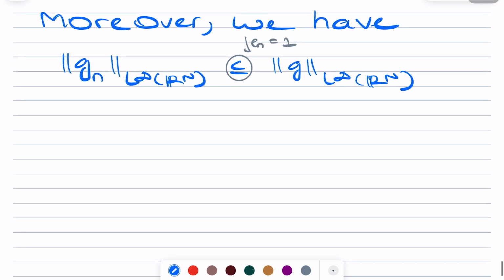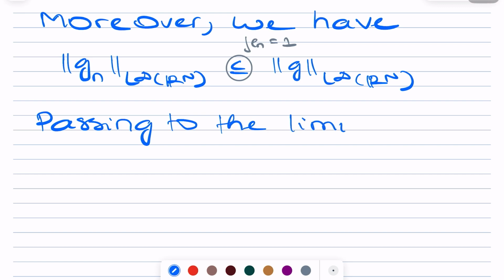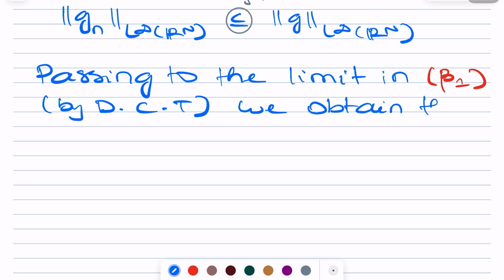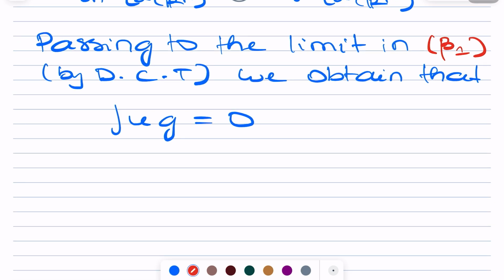So passing to the limit in beta 1, also using the dominated convergence theorem, we obtain that the integral of u G equals 0, and we call it beta 2.